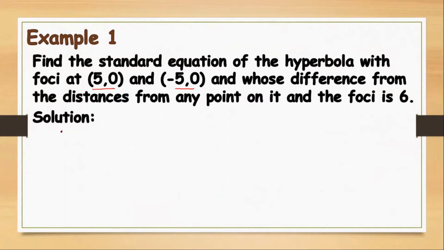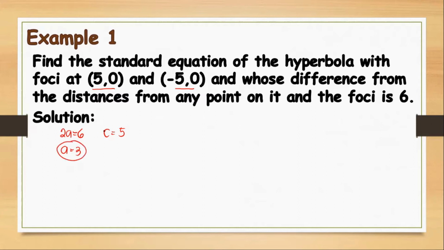So, as we can see, our 2a is equal to 6. And for the foci, or for our letter c, it means that it is 5 units from the origin, or from the center. So, our c is equal to 5. Our 2a is equal to 6, and so our a is equal to 3. Now let us find our b.